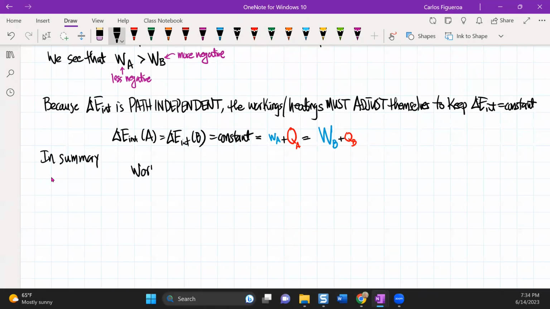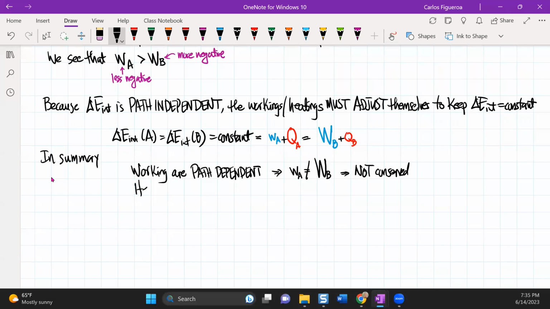Workings are path dependent. The reason they're path dependent is that when I look at the workings, they are not the same. So this is not conserved. It's not a conserved quantity of nature.